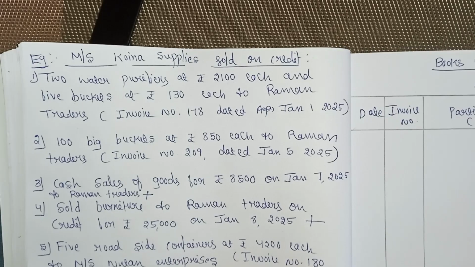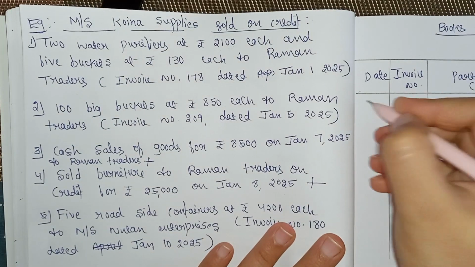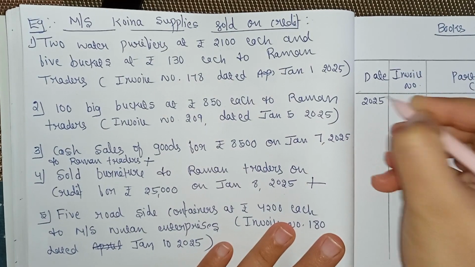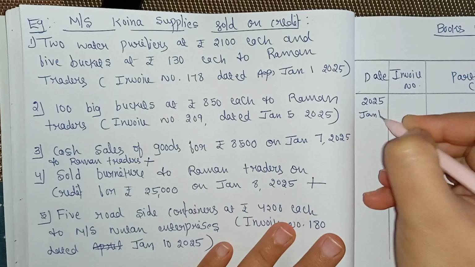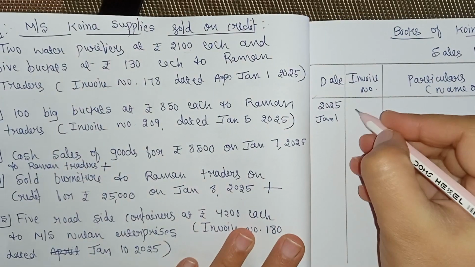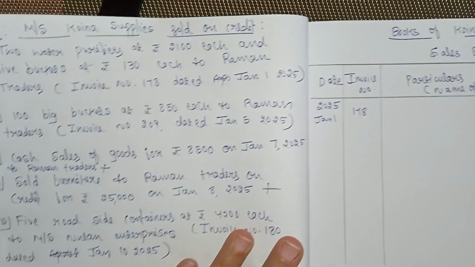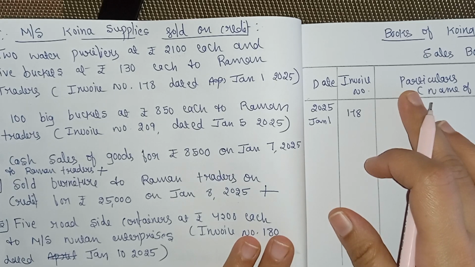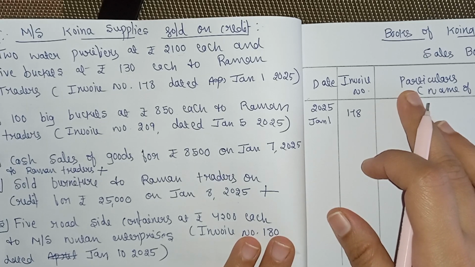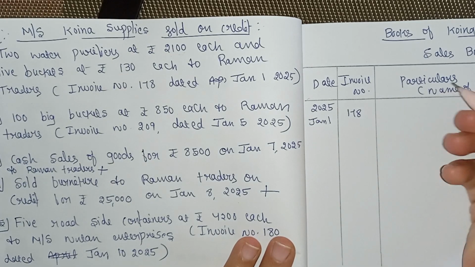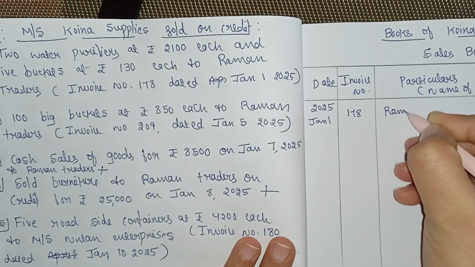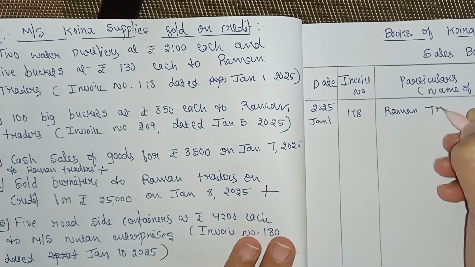First we have to write down the date, that is 2025 Jan 1st, and invoice number 178, and the name of the customer to whom we sold the goods: Raman Traders.